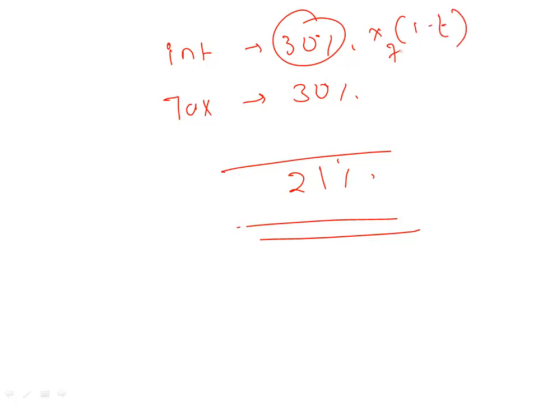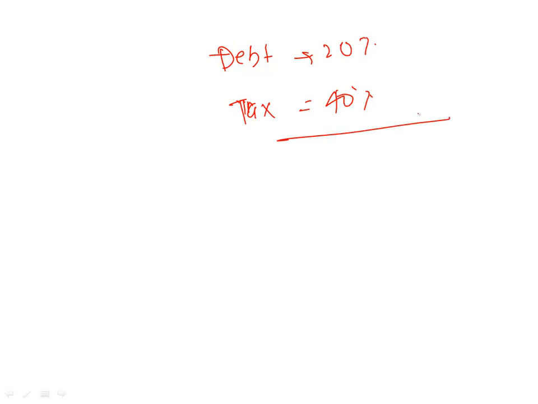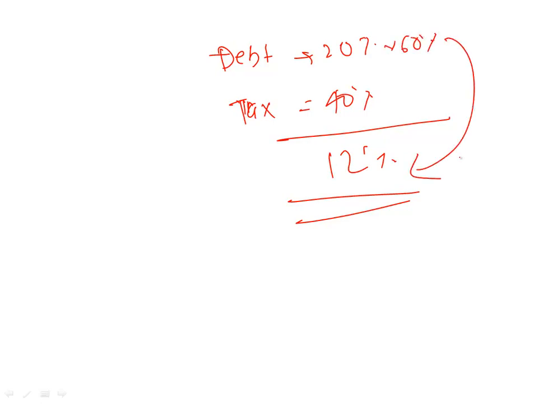So 30 into 70%, that would give you 21%. If I tell you that your cost of debt is 20%, your tax rate is 40%. 12%. So you said 20 into 60%. Are you clear?